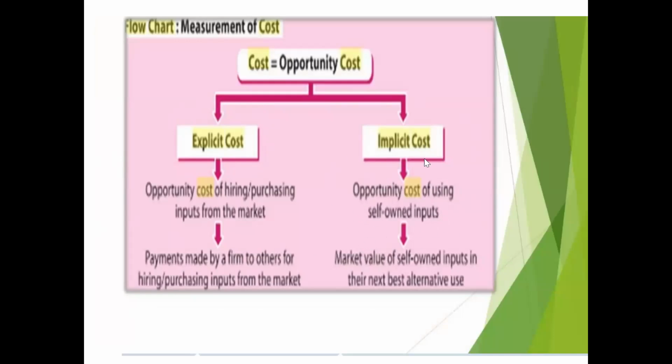So for example, if the businessman is engaged in the furniture shop, the salary for the next best alternative, that means if he can join the private sector, that value counts. Then if the owner employed his land to establish the furniture house, then that value also has to be taken into consideration, because he could rent out that land.